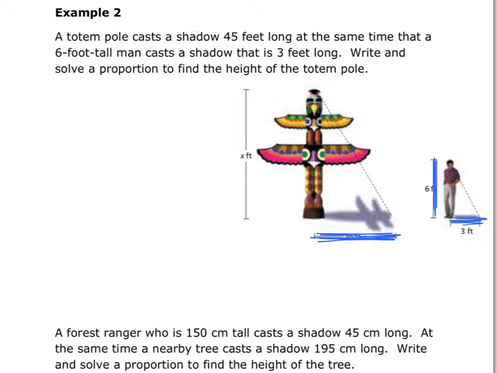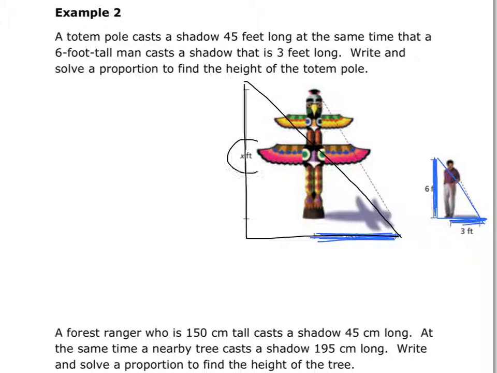Now notice, with the totem pole and the man over here, 2 similar triangles are formed, because if I draw a triangle from here, and down, and then over here with the man, I can draw a triangle from here and down. 2 similar triangles are formed. So we're going to set up a proportion to figure out how tall this totem pole is.